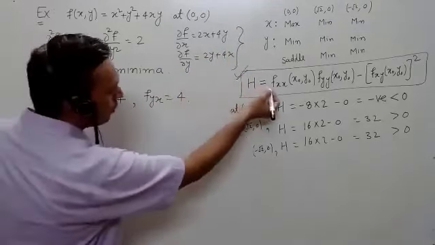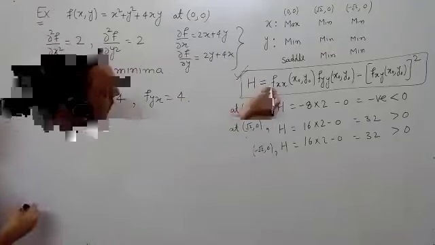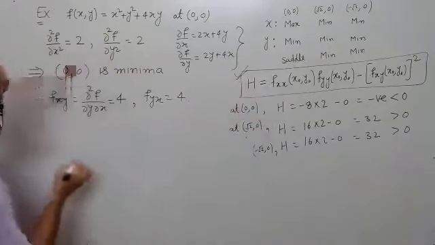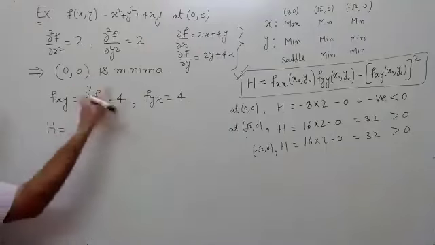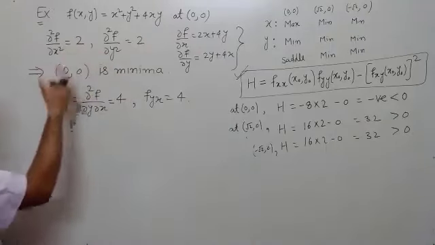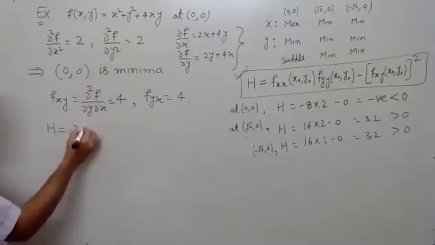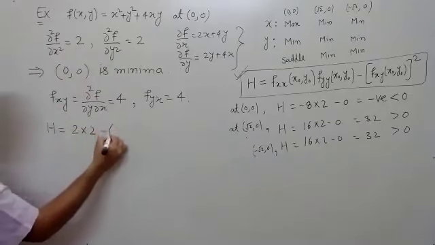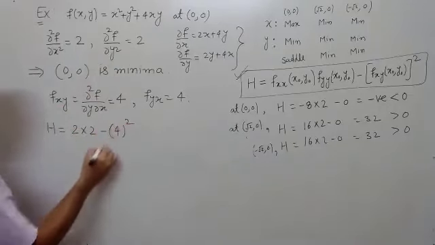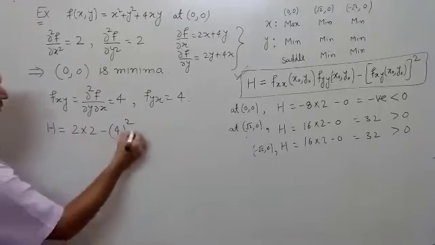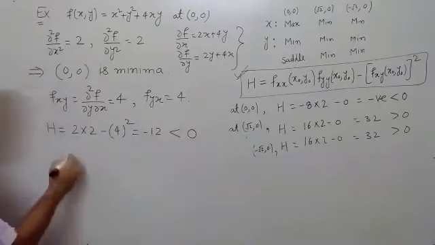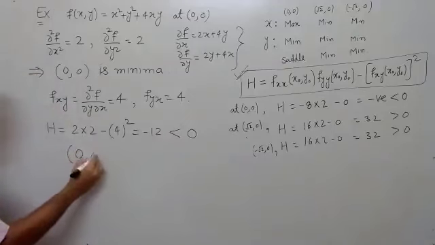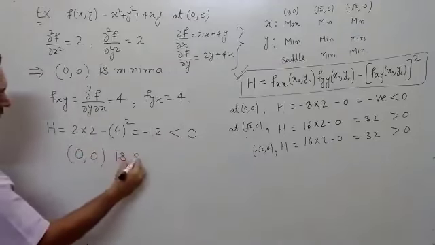So now you have to put this value. So h is fxx is 2, fyy is also 2, minus 4 whole square. So this is 16 minus 4, that is minus 12. So less than 0. It means 0, 0 is a saddle point.